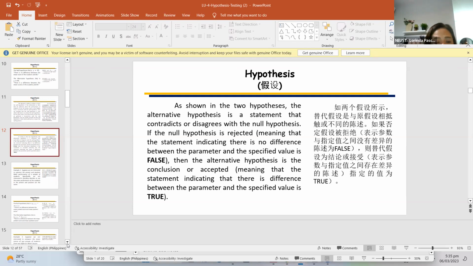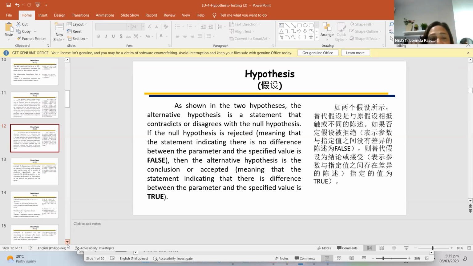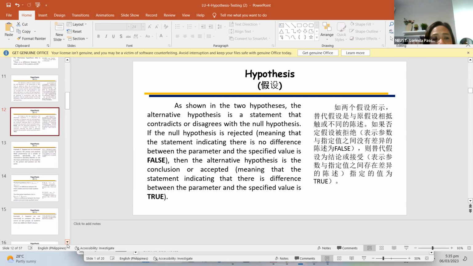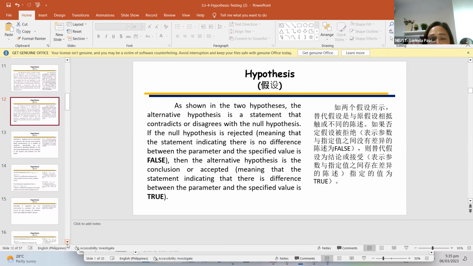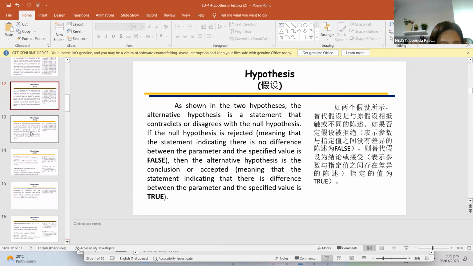So sinabi lang dito kung what it means to reject the null. To reject the null, meaning that we accept the alternative hypothesis. Now, if we retain the null hypothesis, then we reject the alternative hypothesis. Yun lang yung ibig sabihin nun.